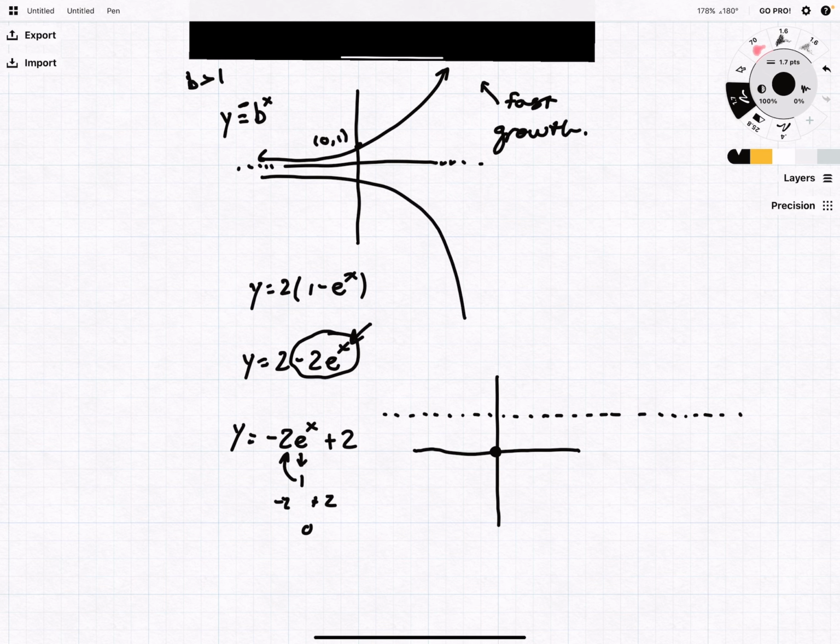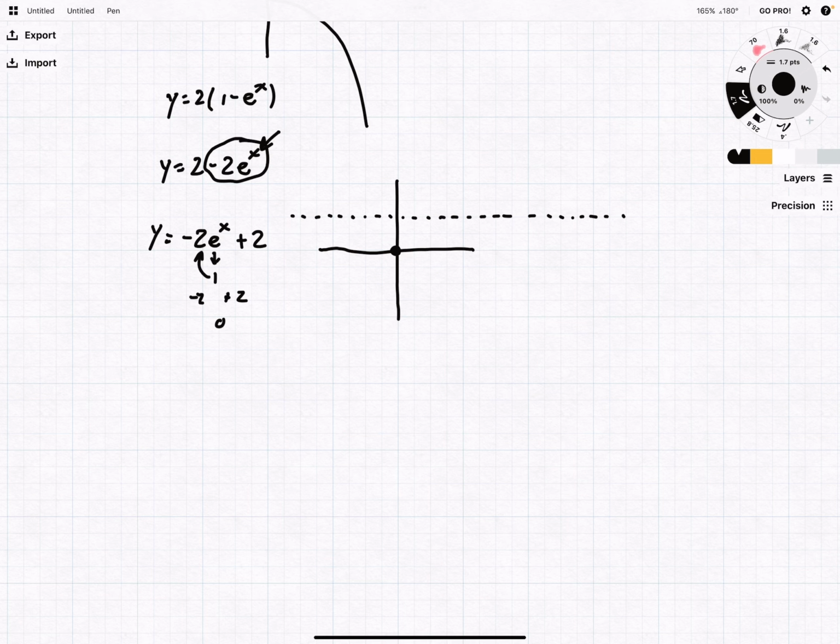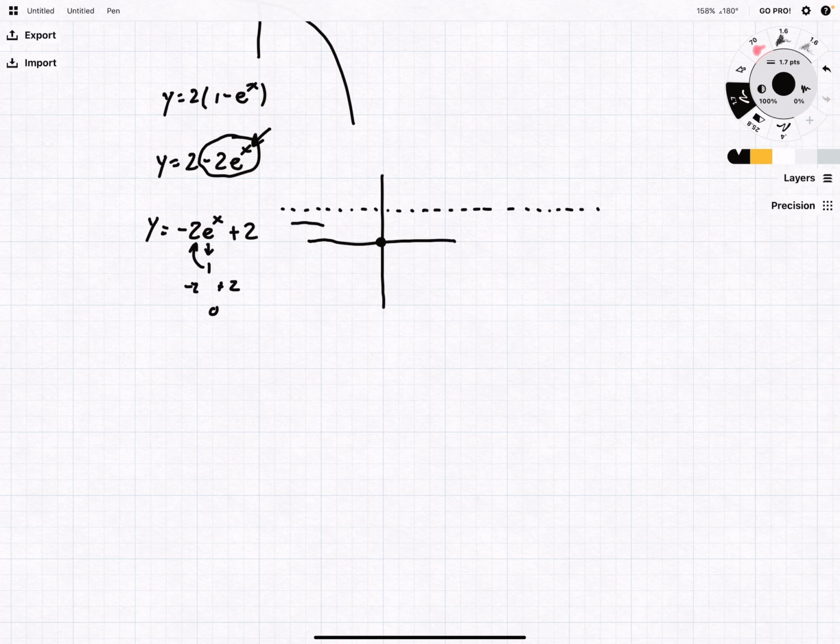So that's going to be the shape of this graph, because we have negative 2 e to the x plus 2. And it's going to grow pretty quickly because of this negative 2 here. It's going to make the function grow very fast. So it's going to be something like this.